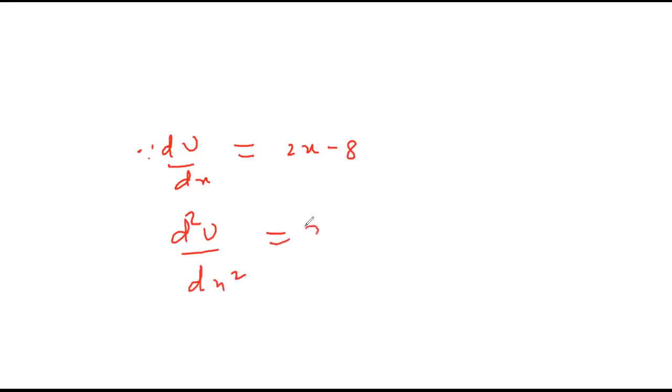Now since du by dx we got as 2x minus 8, once again when you differentiate it will become 2. 2 is greater than 0. Therefore u is minimum. Therefore equilibrium is stable.